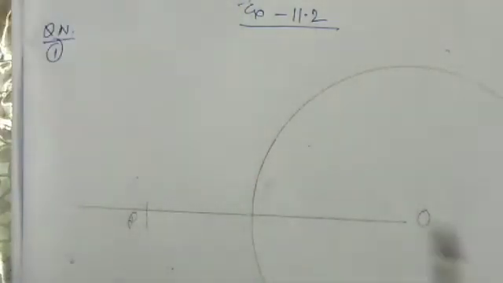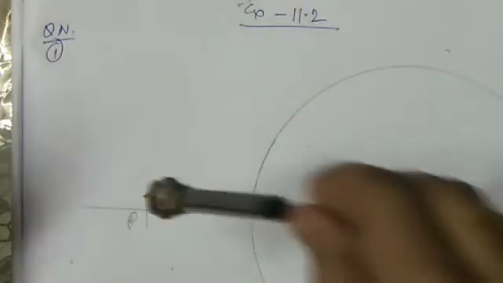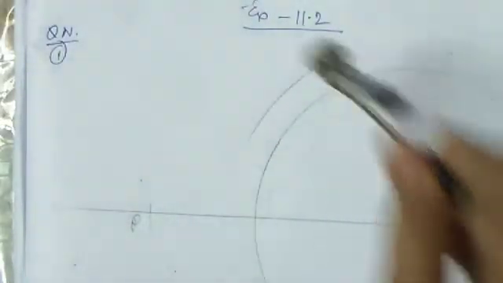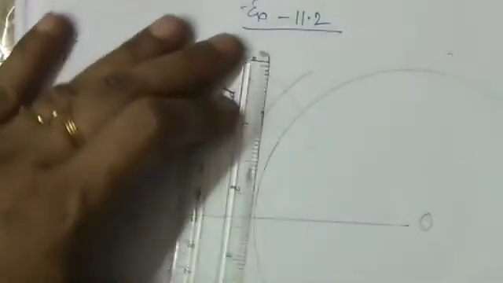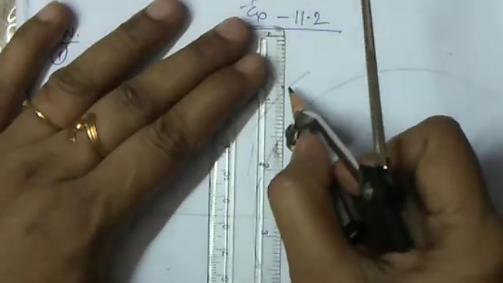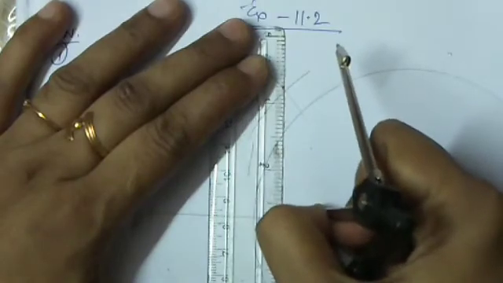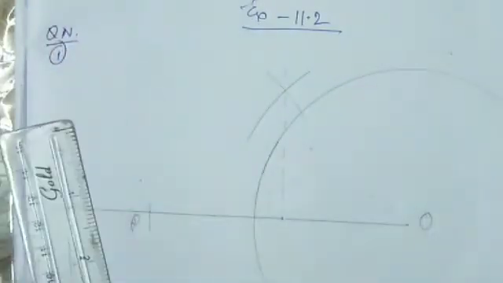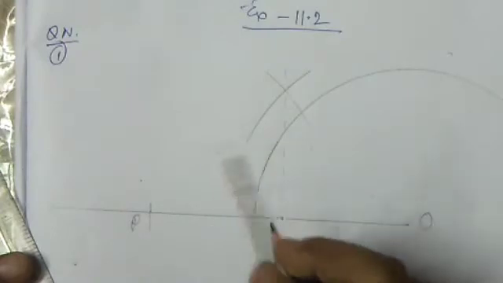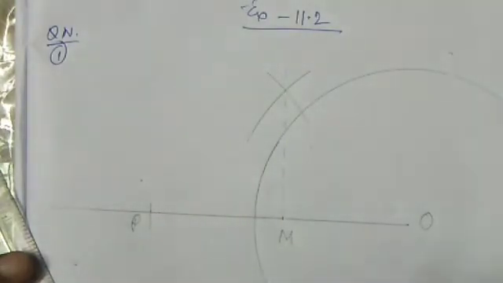So the same process again. What was the process? You bisect the line to get the center, taking more than half. So I'll make a perpendicular. Here it cuts at a point, let it be M. Any way you can name.